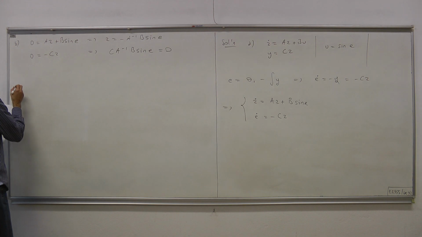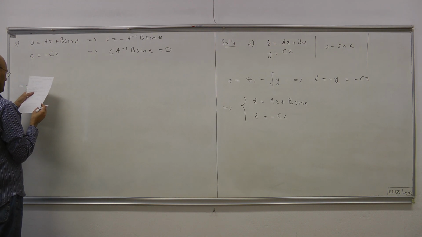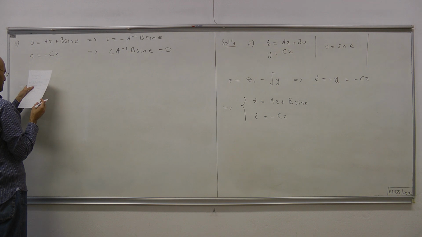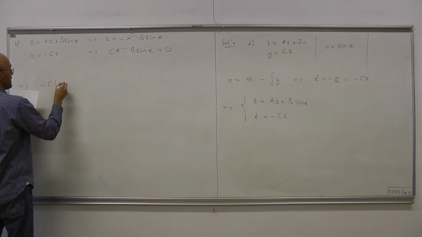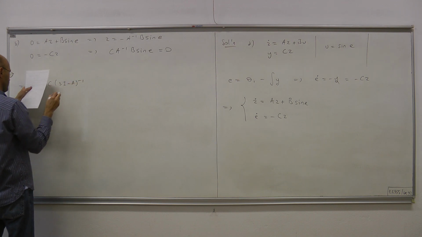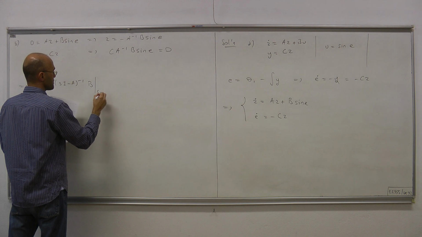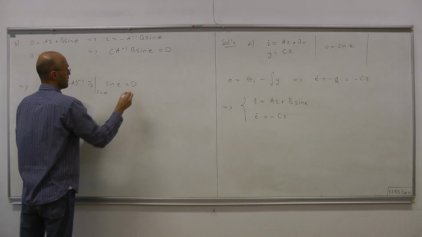And then let's move on. So minus C (SI minus A) inverse B times sine E equals 0.